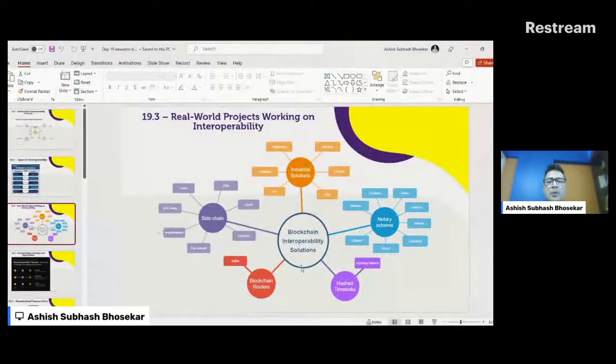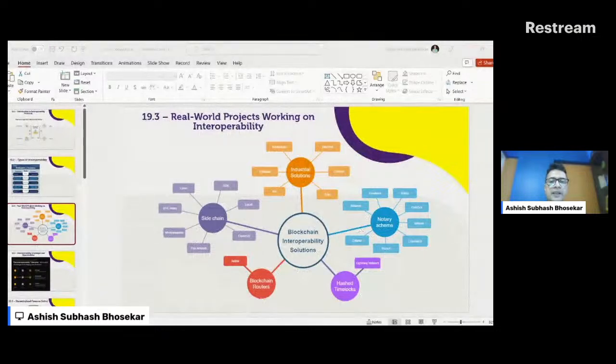Each one of them may be using something different, but industry has to interact with the law system, and then it has to interact with other blockchains, with other types of banks, et cetera. So all of these things need to have interoperability. That's the main thing here. It is showing the different real-world things.